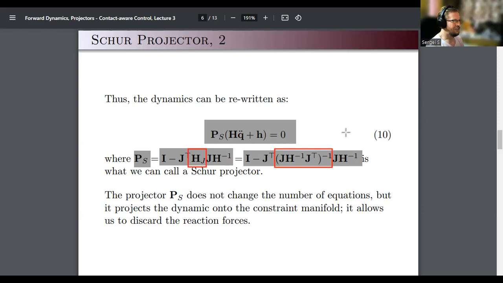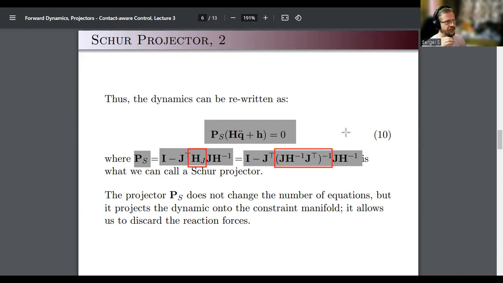So in terms of geometry, what it does is the following. You have your dynamics, which is constrained. Constrained means that your generalized coordinates live on some manifold, some geometrical shape in generalized space in Rn, and on this surface live your generalized coordinates.